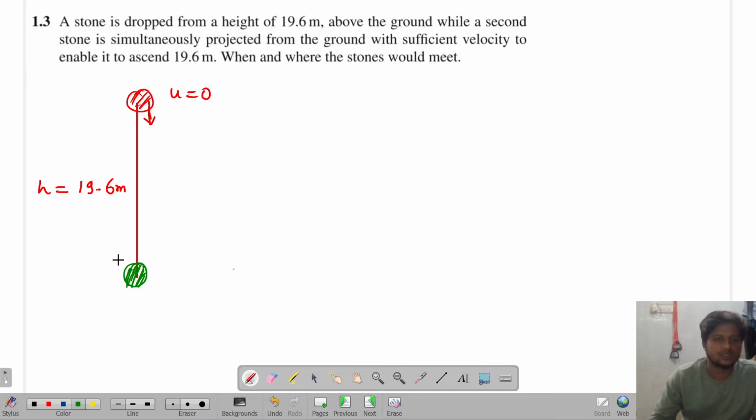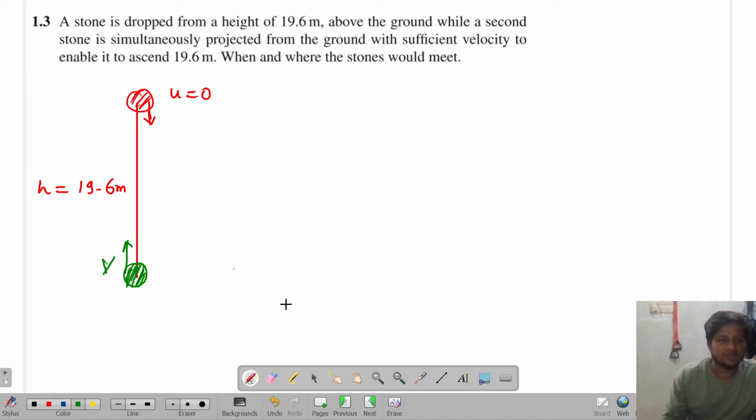Do the calculation. From down, I'm projecting this ball with some velocity v, so that it can travel this whole 19.6 meter. It is asking when and where the stones would meet. Let's suppose I project this ball with velocity v, and this one is coming down with initial velocity 0.